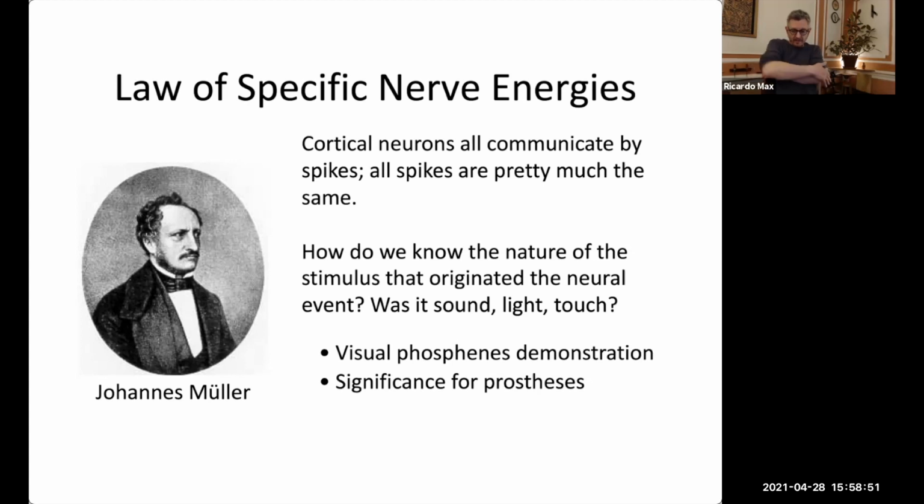How is it that the brain, when it receives neuronal activity from somewhere, can interpret it as touch or vision or hearing? The simple answer is that it depends on where it comes from, right?